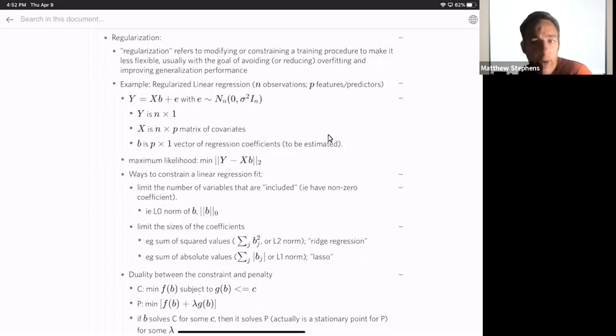So what's the simplest way you can think of to constrain the fit? Well, the simplest way I can think of is simply to limit the number of variables that are included in the regression.